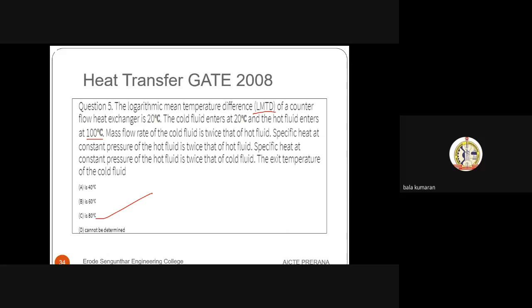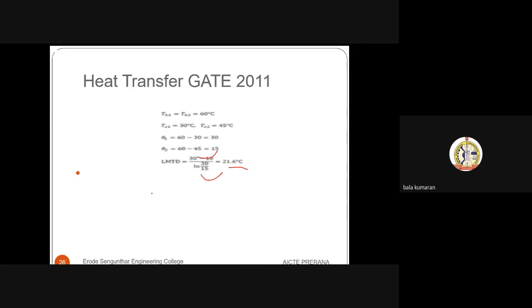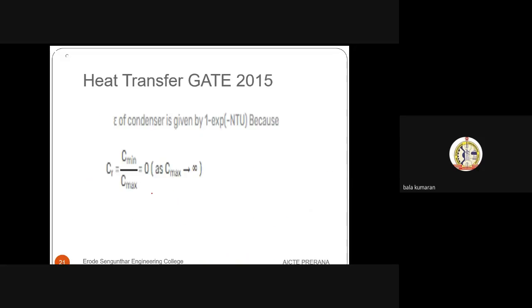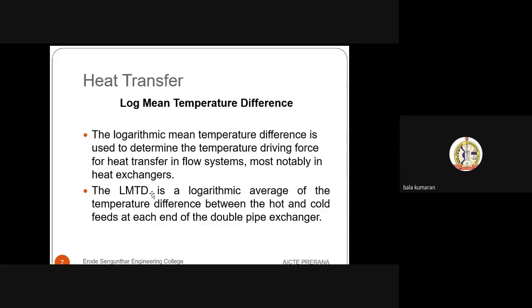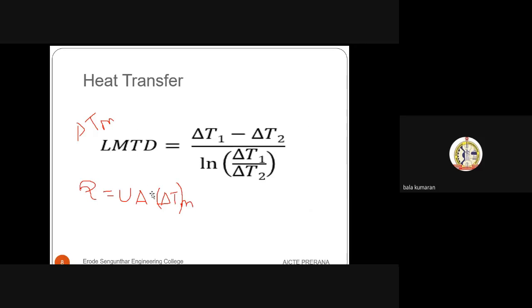Before concluding the session, let's learn again the formula which is mainly important here, the LMTD formula. The LMTD formula is del T1 minus del T2 divided by ln of del T1 by del T2, and another formula we should know is Q equals U A del Tm.